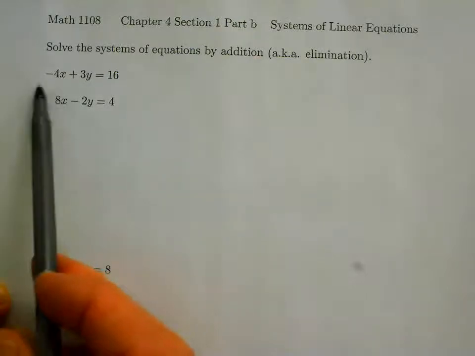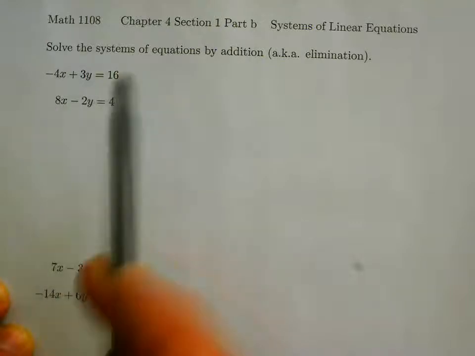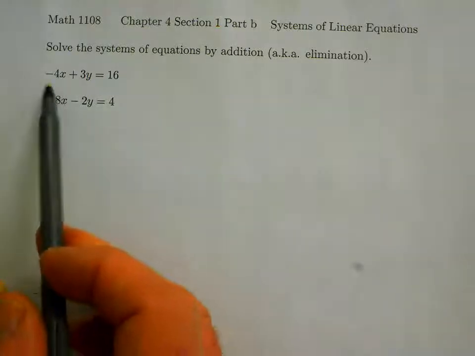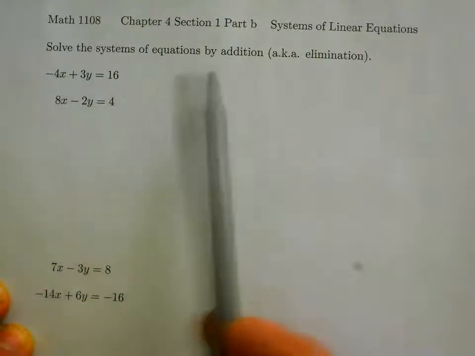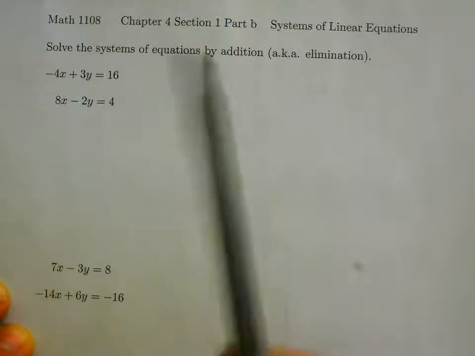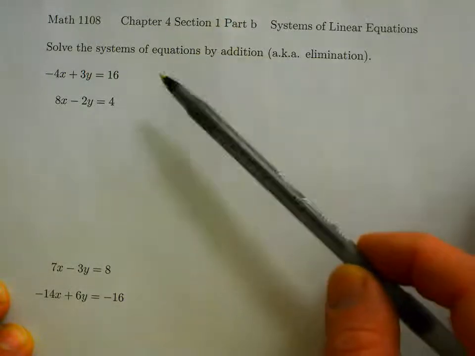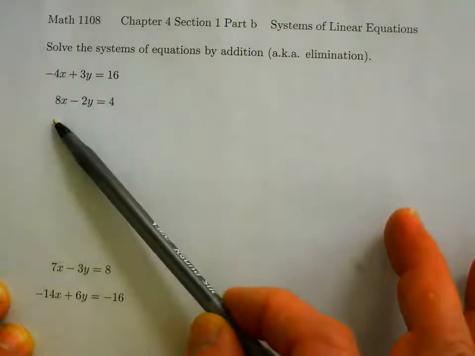If I multiply both sides of the top equation by 2, and that's legal, I can multiply both sides of an equation by a non-zero number, the x term will become -8x. And -8 is the negative of +8.